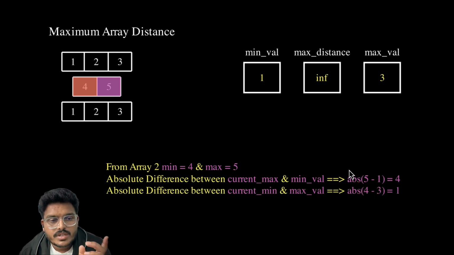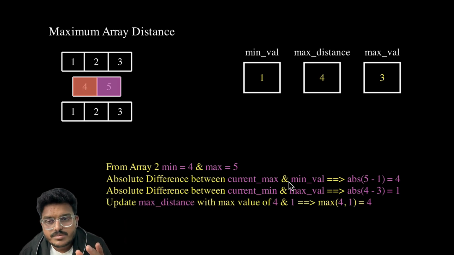And the absolute difference between the current minimum and the maximum value till now: the maximum value here is 3, the current minimum value is 4, so the absolute difference is 4 minus 3, which is 1. The maximum of these two is 4, so we'll update the maximum distance to 4.